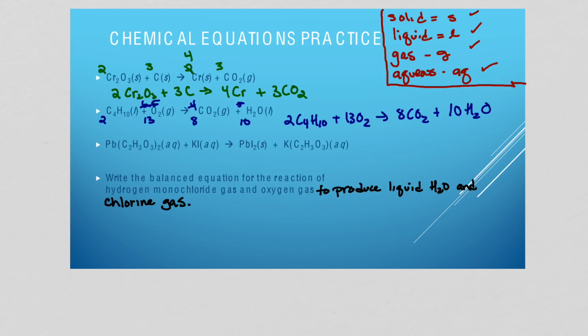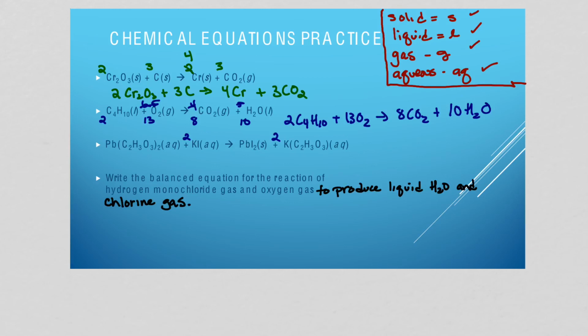So if I look here, I have 1 lead on the reactant, 1 lead on the product, okay? I have 2 acetates, so the 2 here tells me I have 2 of these, and on this side I only have 1, okay? So how are we going to balance that? Well, let's put a 2 here. So if I go to potassium, I have 1 here, I have 2 here, so we're going to balance that with a 2 here. So lastly, the iodine, I have 2 I's here, and I have 2 I's here.